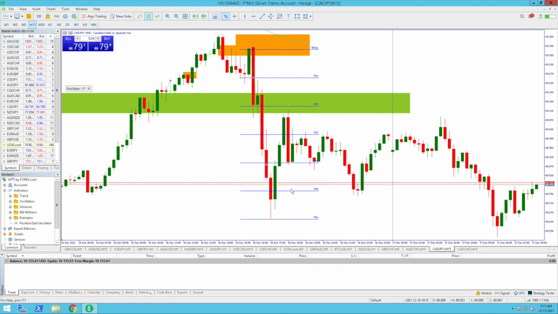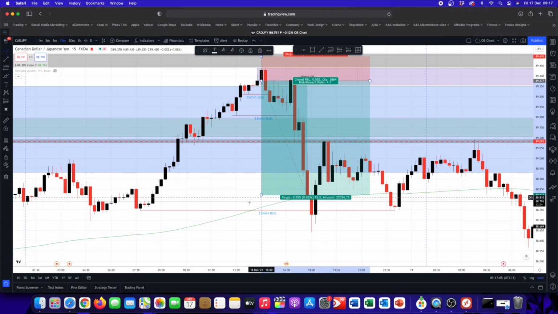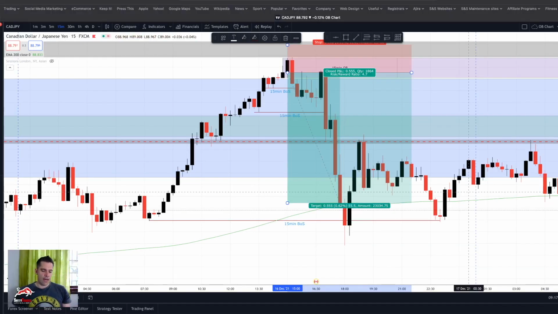And one of the cool things yesterday as well was on our Telegram group with the order blocks community I'm with. There's a few traders in there that I would call pro traders. They know what they're doing.